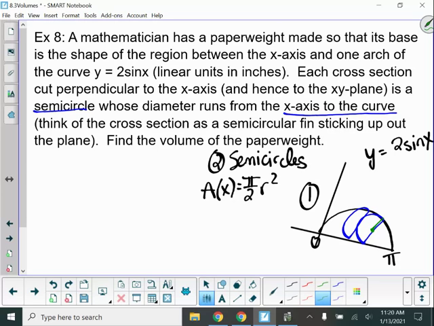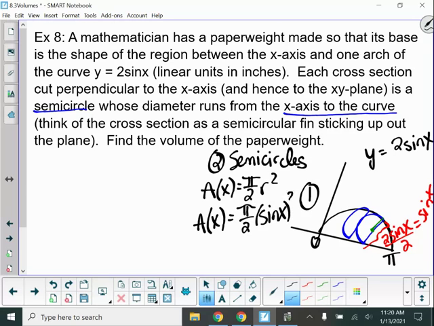This entire distance is going to be 2 sine of x, but if I'm taking half of that, because I need the radius for that, that's actually just going to give me sine of x. So my radius here is sine of x. Therefore, my area formula is going to be pi over 2 times sine of x, and then the quantity squared.